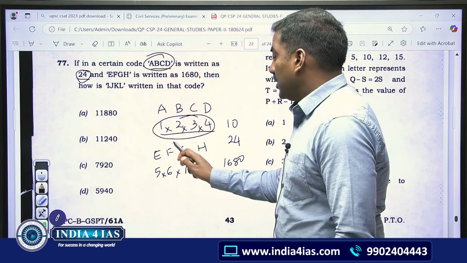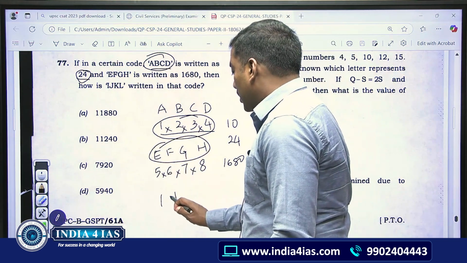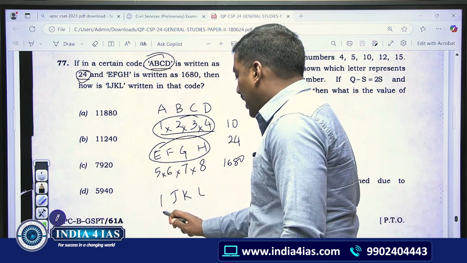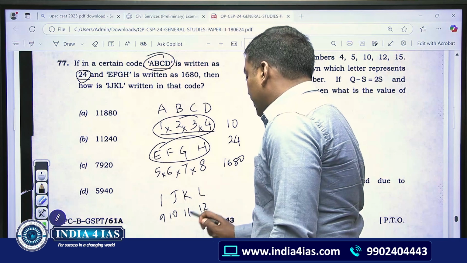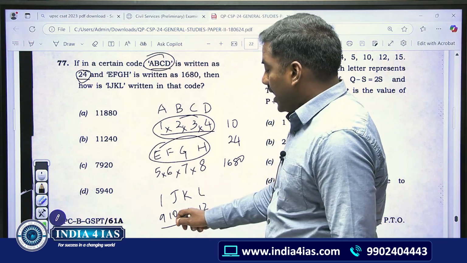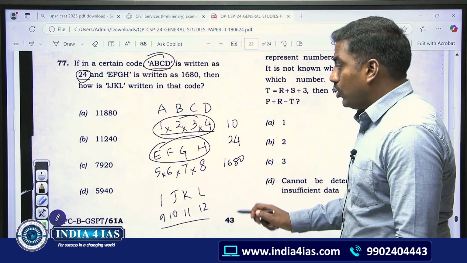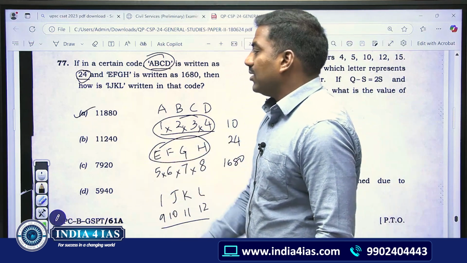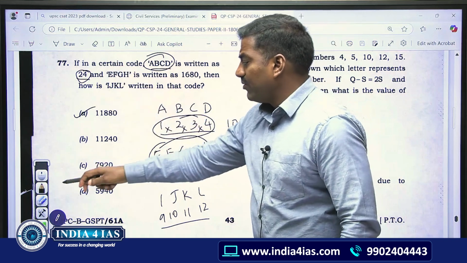That means the product of their order. Now IJKL: I is 9, J is 10, K is 11, L is 12. So multiply them. 9 into 10 is 90, 90 into 11 is 990. Then into 12, the answer will be 11,880. This is a straightforward problem.